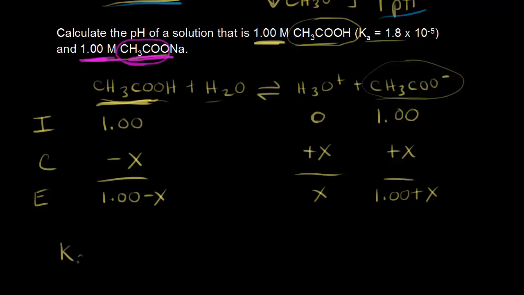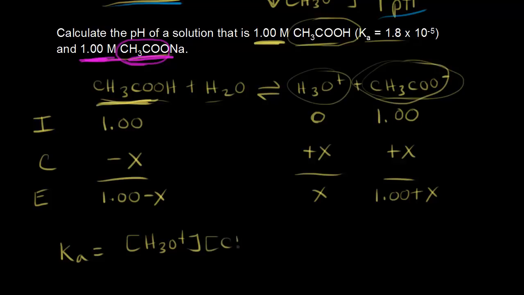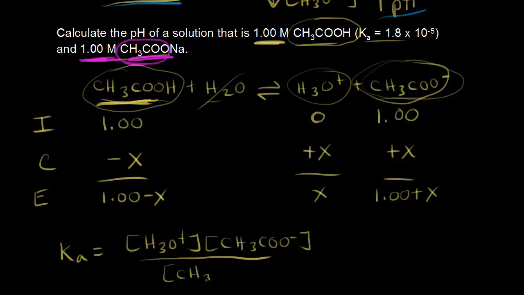So Ka is equal to the concentration of products over reactants, so the concentration of H3O+ times the concentration of acetate, all over the concentration of our reactants, leaving water out, so the concentration of CH3COOH.